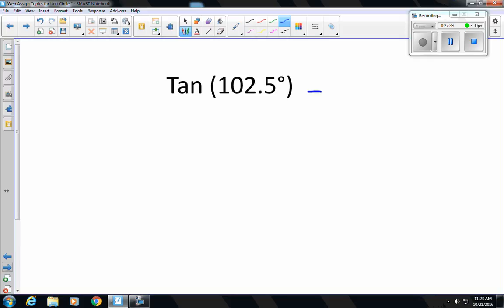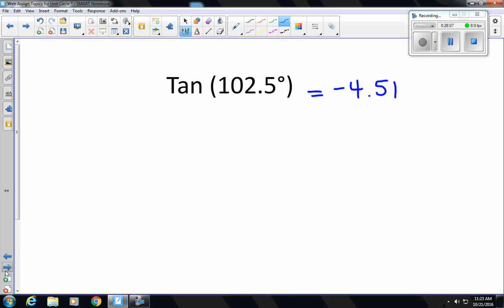And you're going to get, how did I know it was negative before you even told me? 102.5 is where? Second quadrant. And tangent in the second quadrant is negative. Figure out where you are on the unit circle.